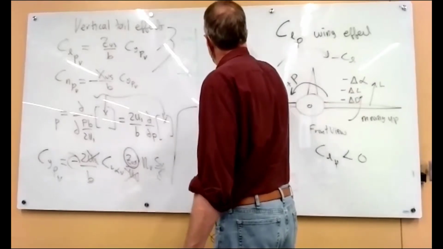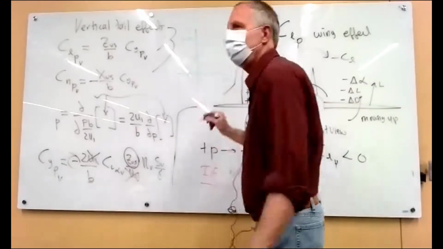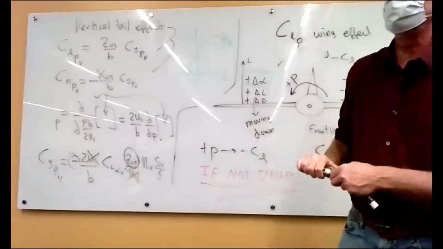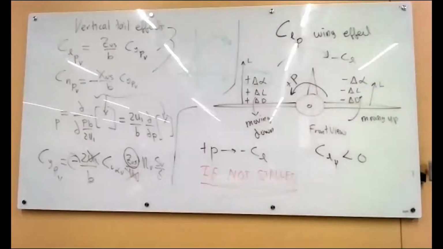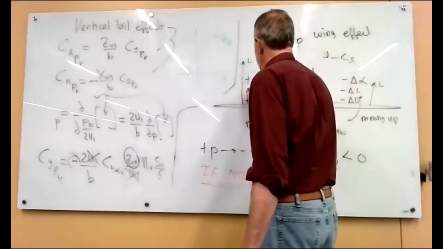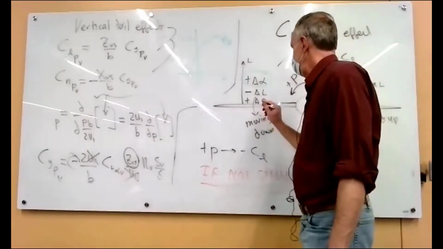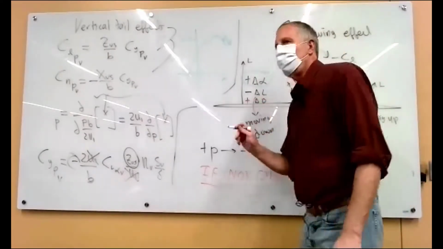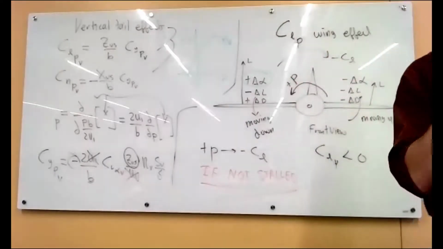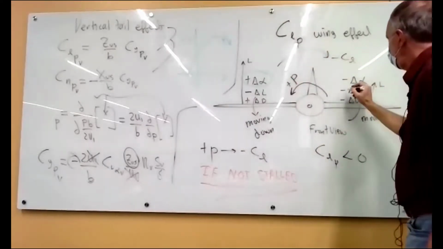You're up in this region here, which means if you increase the angle of attack and that wing is stalled, the lift changes, gets worse, gets lower. Drag probably gets higher, but the lift goes down. And the opposite happens over here.